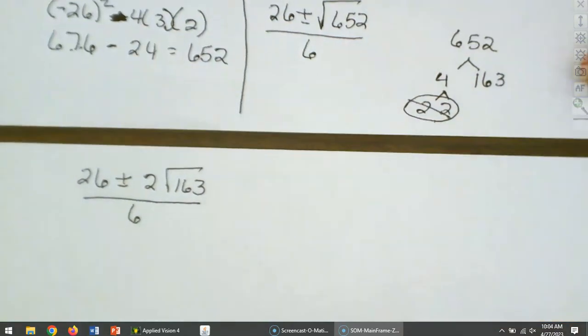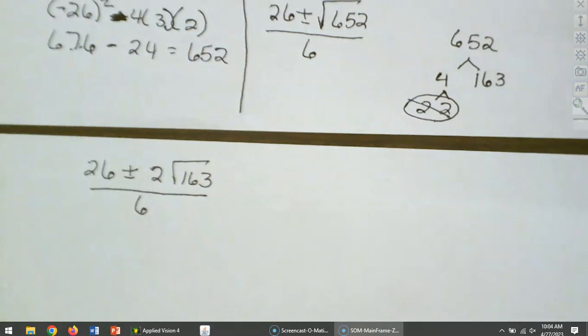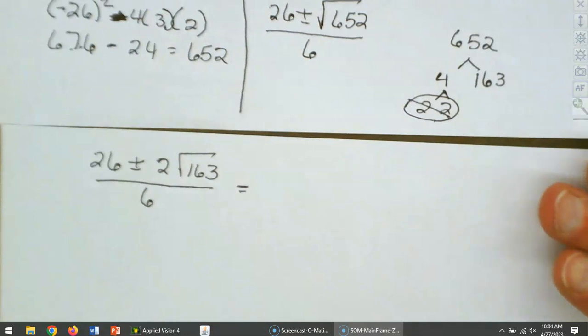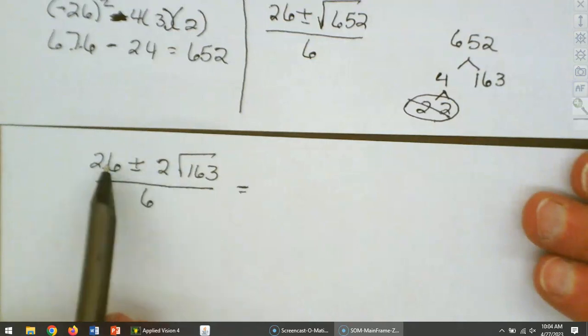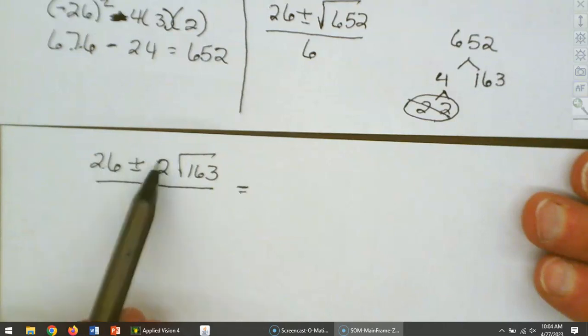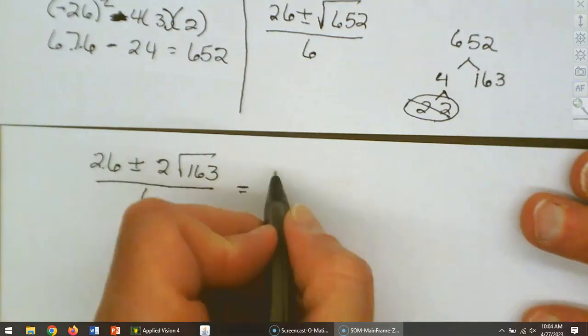We're almost done, but we do need to break this down if possible. And there's different ways of doing it. I'm going to have you do it by factoring. When we have a 26 and a 2, we just look at the whole numbers in front. 26 and 2, they both have a 2 in common.